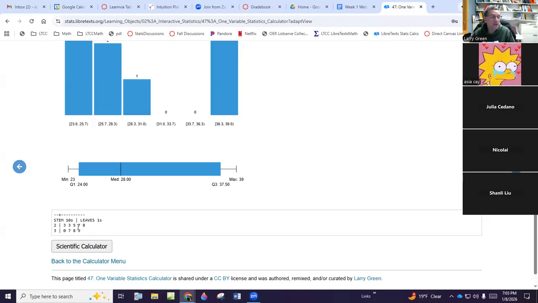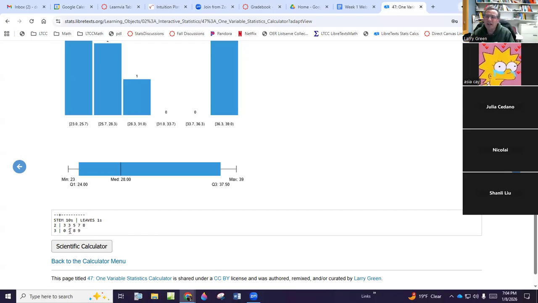So, for example, this number 5 right here means 25, because the stem is 2 and the leaf is 5: 2 times 10 plus 5 times 1, 25. How about this number 7? How old is this person? Yeah, that'd be 37, because the stem was 3 and the leaf was 7. So you actually get all the data values back.